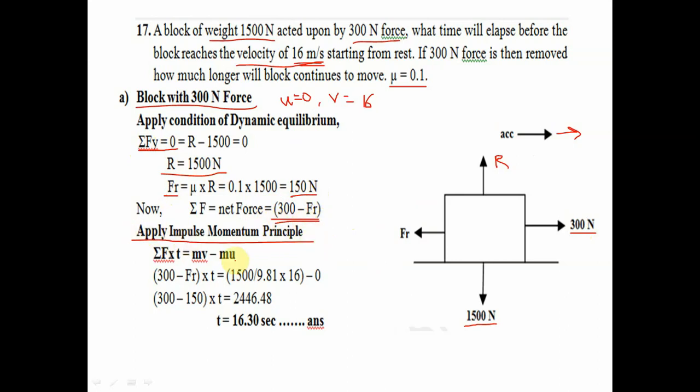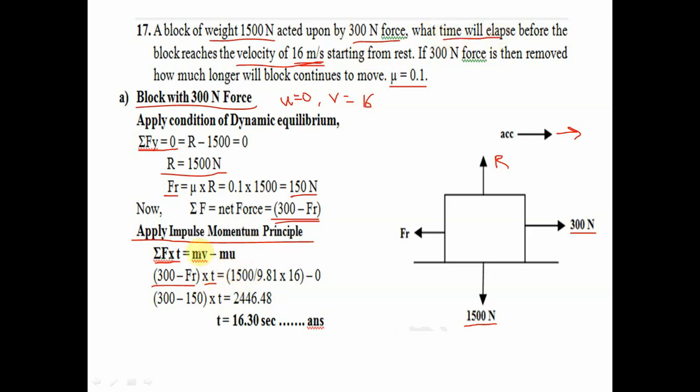Now we have to apply the impulse momentum principle. We know that the impulse momentum principle is summation F into T is equal to mv minus mu. So the net force, 300 minus Fr, into T, that we have to calculate. What time will elapse means we have to calculate time.